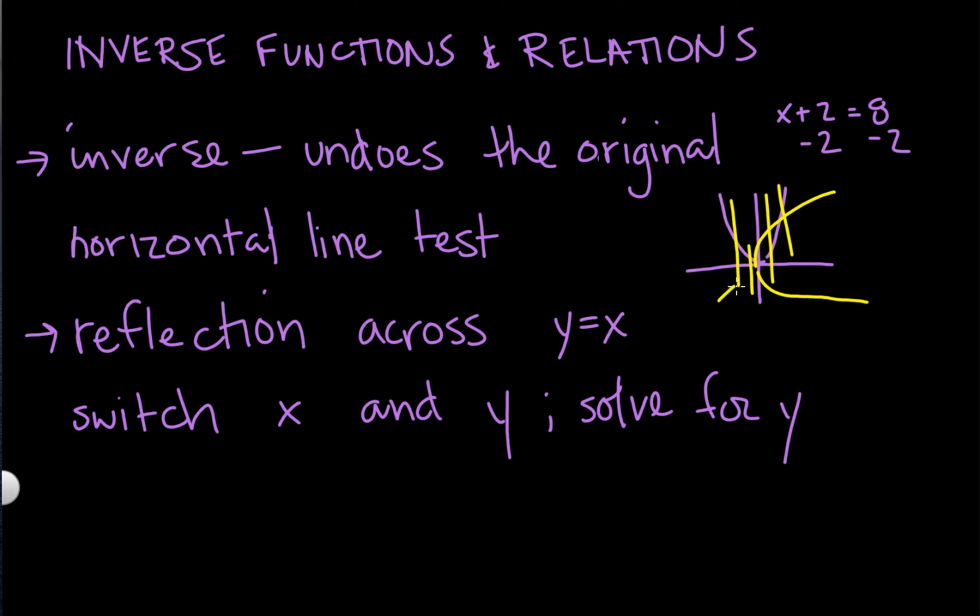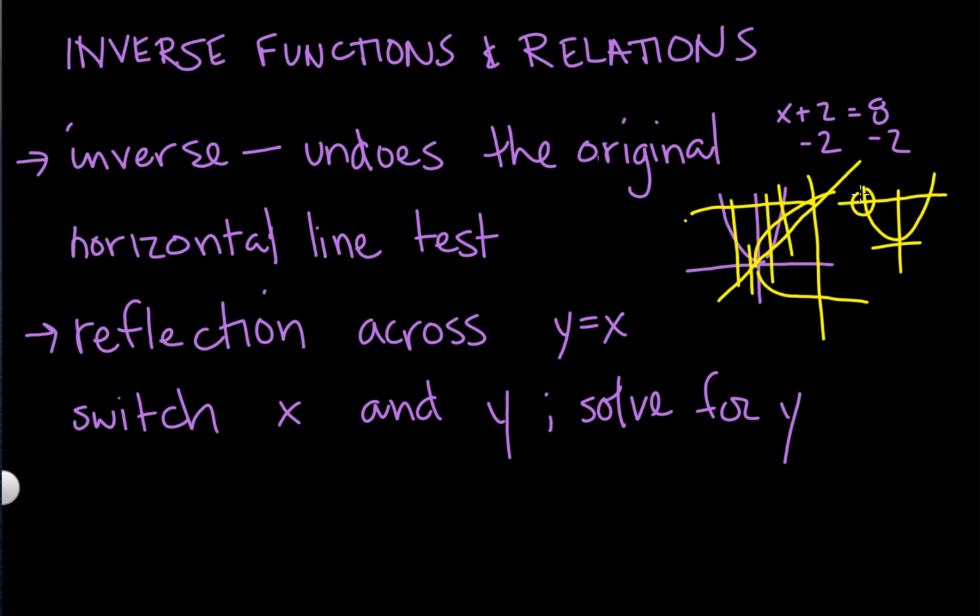But if we consider this y equals x line here, you can see that vertical lines, when they reflect across, are horizontal lines. So with this horizontal line through the parabola, we reflect it across the y equals x, that becomes that vertical line. So we can take an original function here, obviously passes the vertical line test, but it fails the horizontal line test.